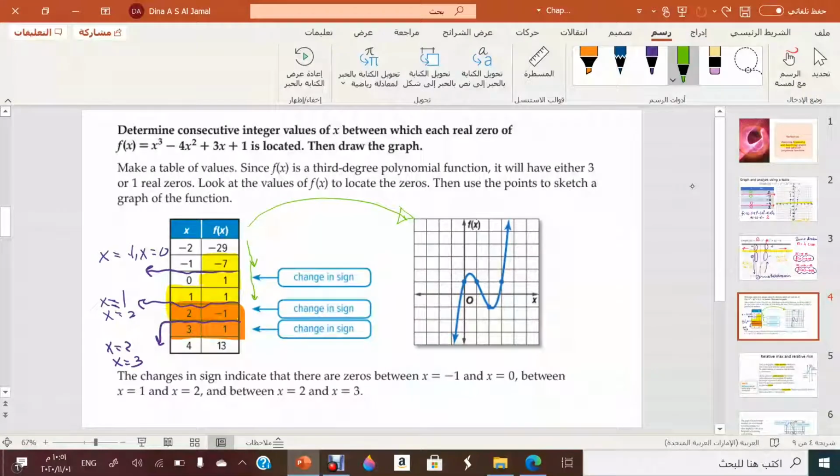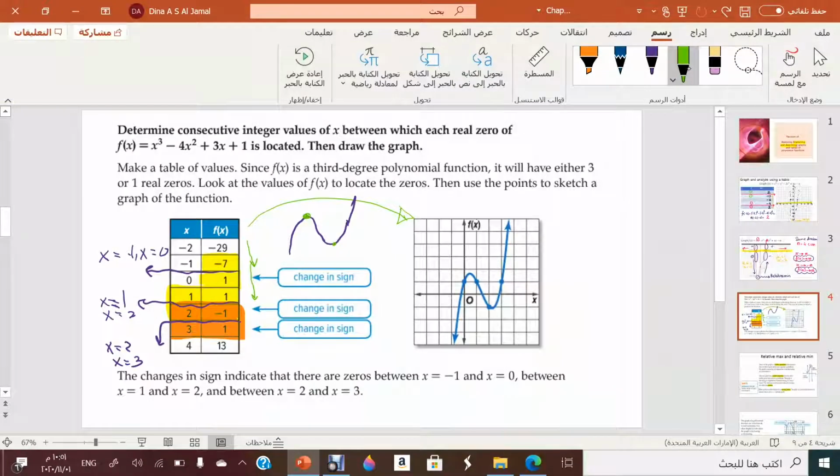That means if you would like to sketch it, it will be increasing. Then let's see what happened from 1 to minus 1. It started to decrease. Then from minus 1 until 1, it increased again, and it continued increasing. So with this, you are having here your maximum and here your minimum.